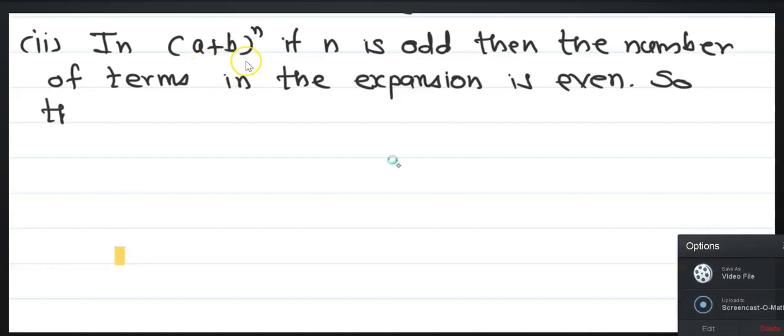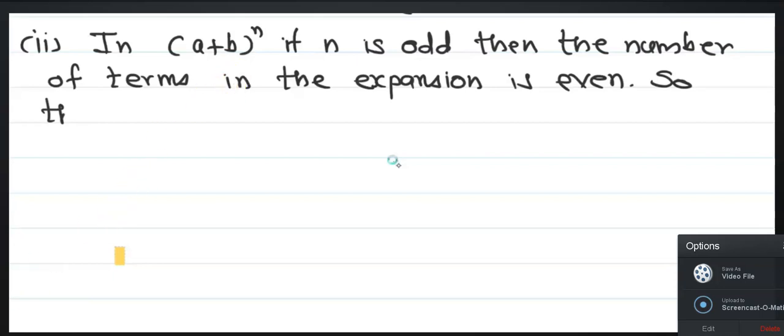We know the expansion of (a + b) raised to 3 is equal to a cube plus 3a square b plus 3ab square plus b cube. It means the expansion contains 4 terms, an even number of terms. Then what will be the middle term? The middle terms will be the second and the third one. These will be the 2 middle terms.